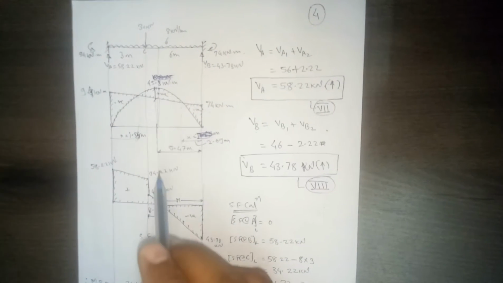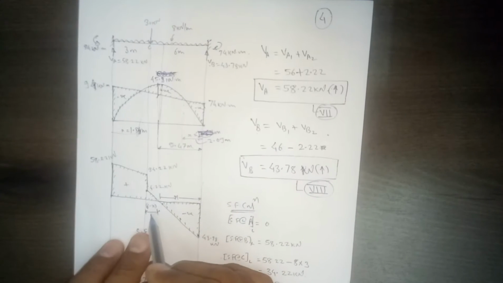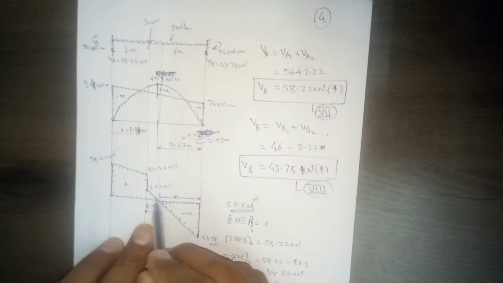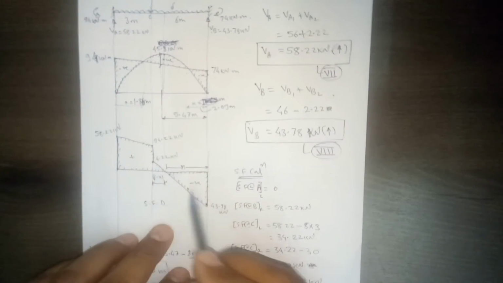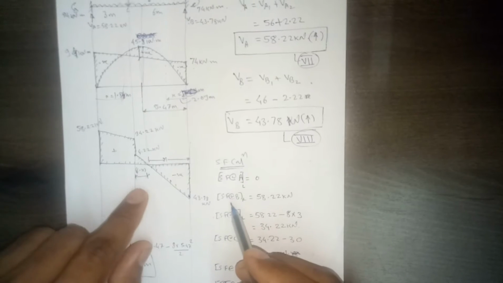I have calculated it from the shear force diagram. I calculated the location of the point of contra shear, and we know that at the point of contra shear you get the maximum bending moment. So then I have plotted the shear force diagram.